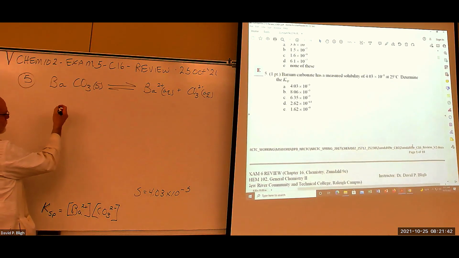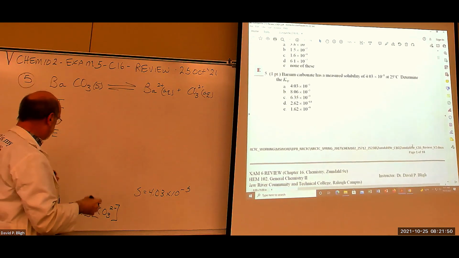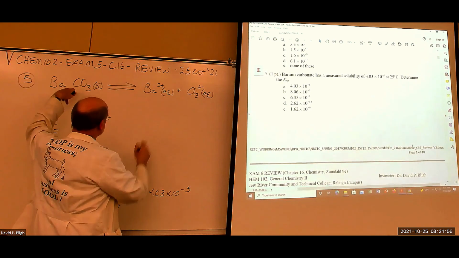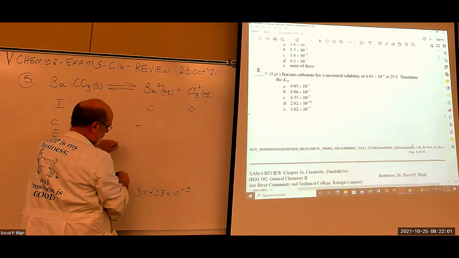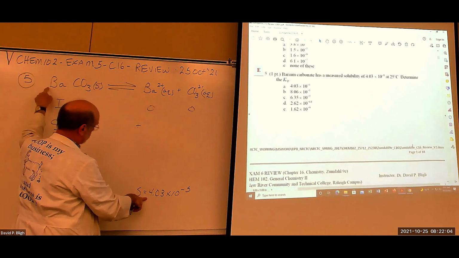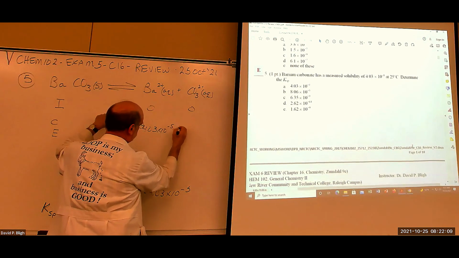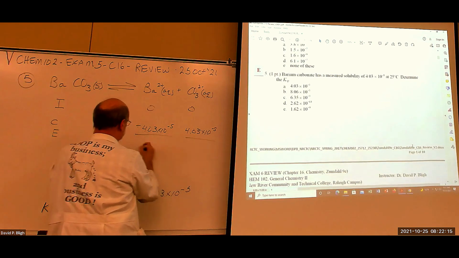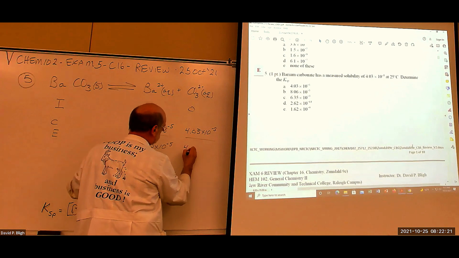Okay. So if we use our ice table for number 5, this is probably overkill, but the solubility being this value, then initially we're going to say that there's nothing there, and then the change is going to be plus 1 of these because it's 1 for every 1. And then this will enter into the equation.